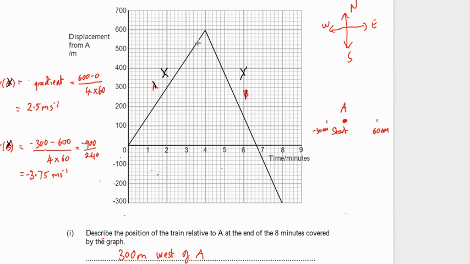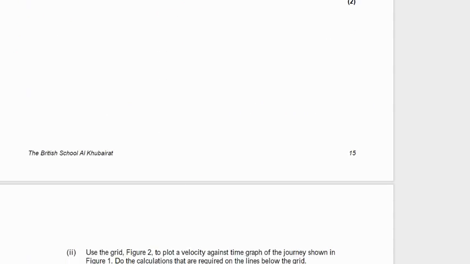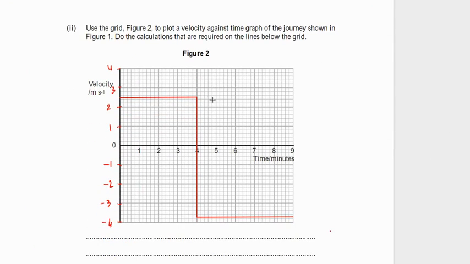It didn't take time for them to turn, and you can see that because it is a defined point, the gradient went from that to that instantaneously at 4 minutes. Okay, so we have to do the same. So the speed went from 2.5 meters per second to minus 3.75 meters per second instantaneously, same time. So that's where we connect those two lines.